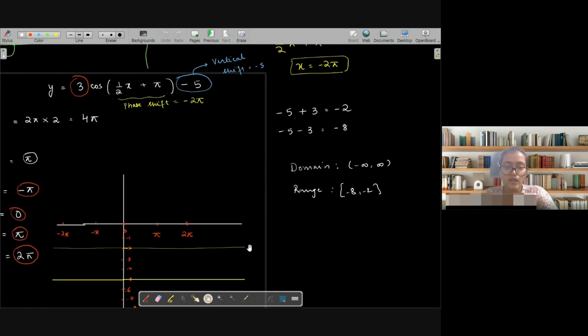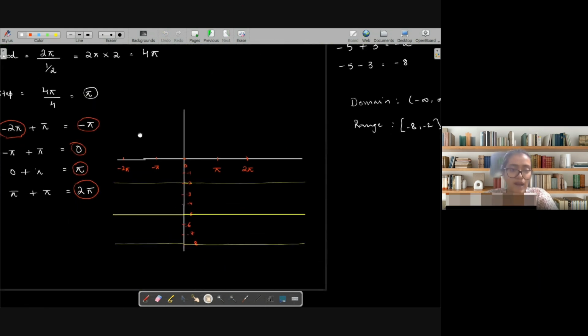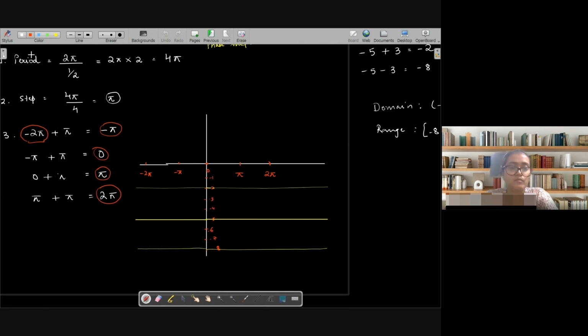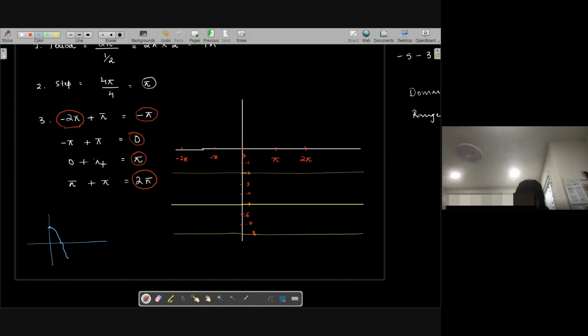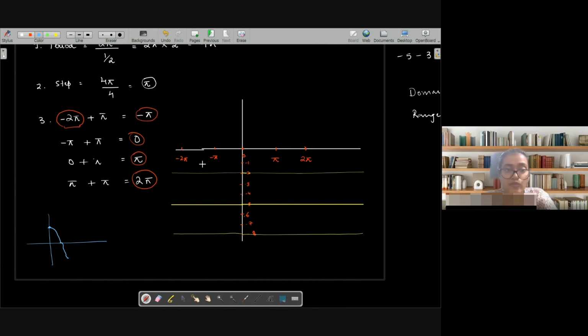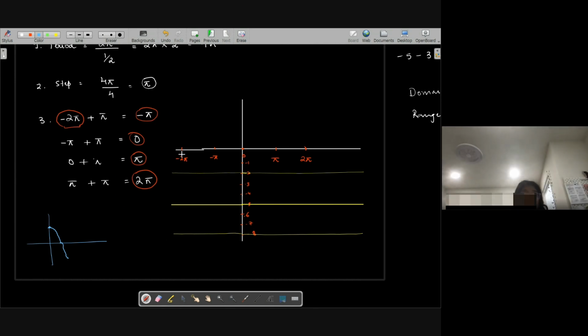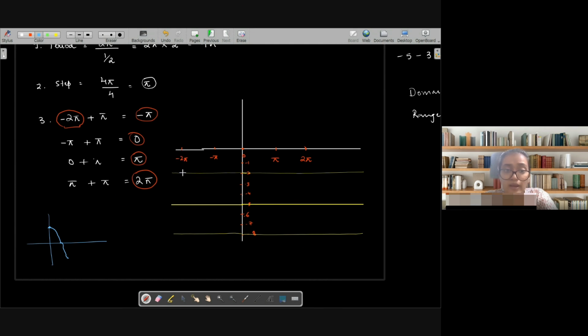Now it's time to plot these 5 key points. You should know the shape of the parent function. The graph of cosine starts from the maximum value, then it comes to the intercept, then it goes to the minimum value. So the graph starts at -2 pi, where it has the maximum value.